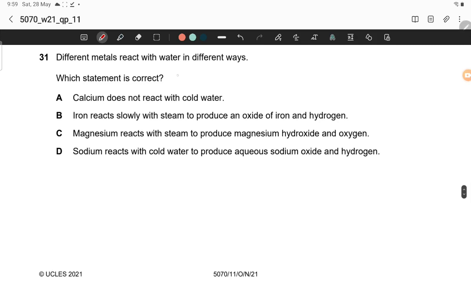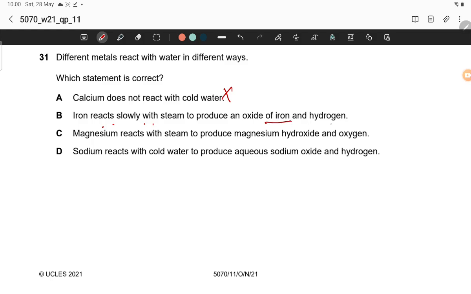Different metals react with water in different ways. Which statement is correct? Calcium does not react with cold water. Iron reacts with... it is incorrect. Calcium does react with cold water. Iron reacts slowly with steam to produce an oxide of iron and hydrogen.